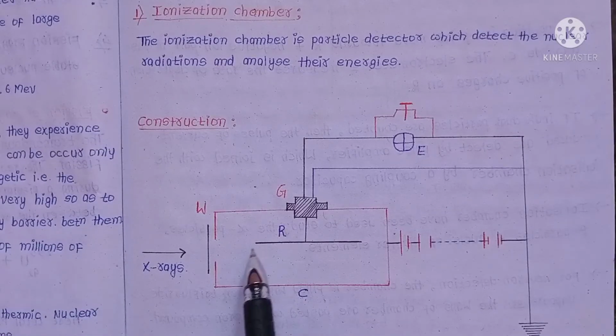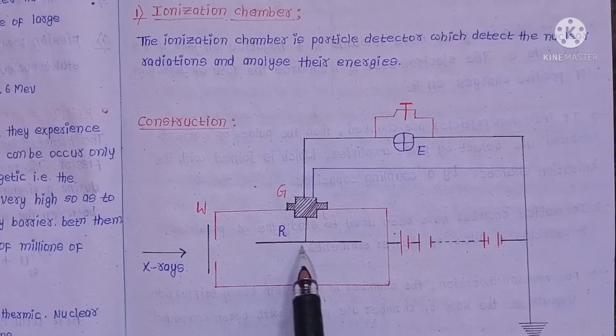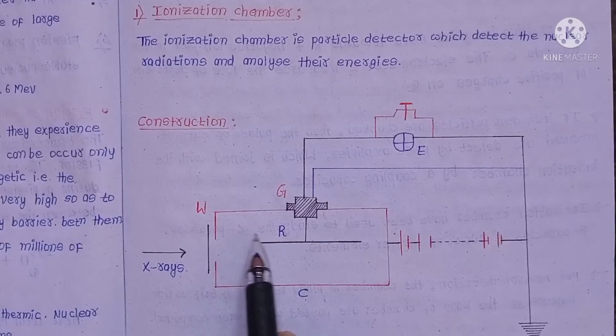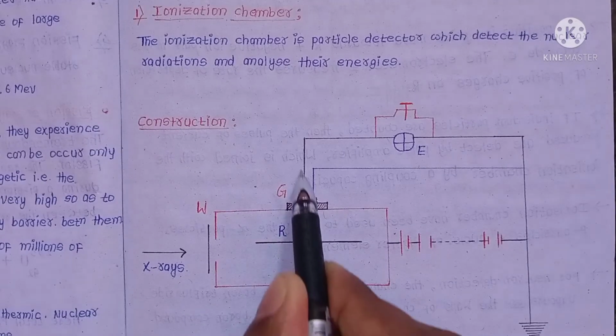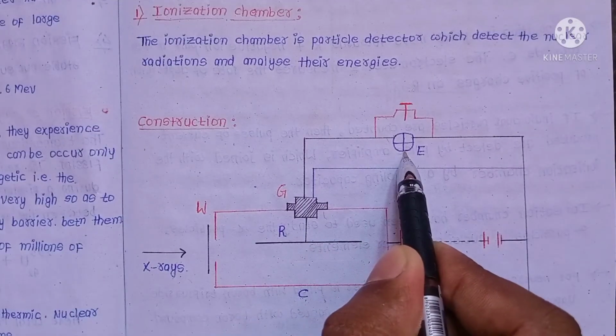Now when any positively charged ion deposits over this metallic rod R, a pulse of electric current is generated. When one positive ion is deposited over this metallic rod R, the pulse of current is generated, which passes through this earthed guard into this electrometer.